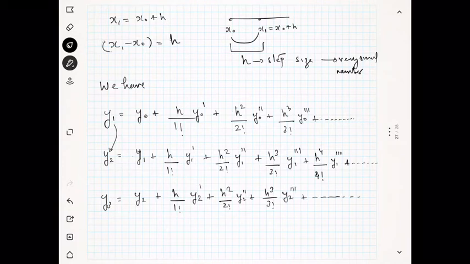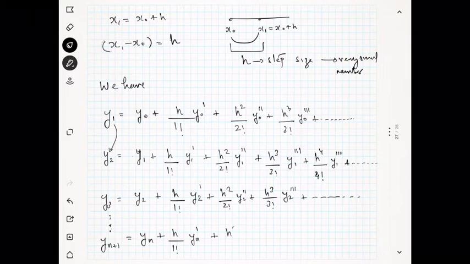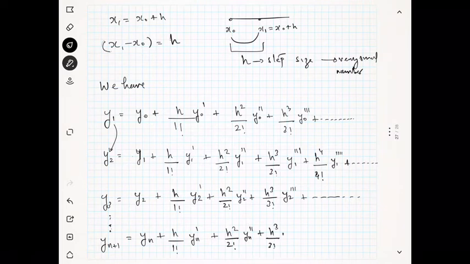So in general, yn plus 1 can be written as yn plus h by 1 factorial into yn dash plus h square by 2 factorial into yn double dash plus h cube by 3 factorial into yn triple dash, and so on.